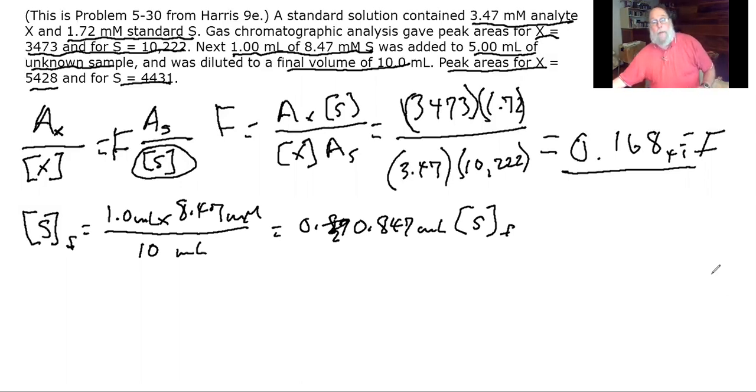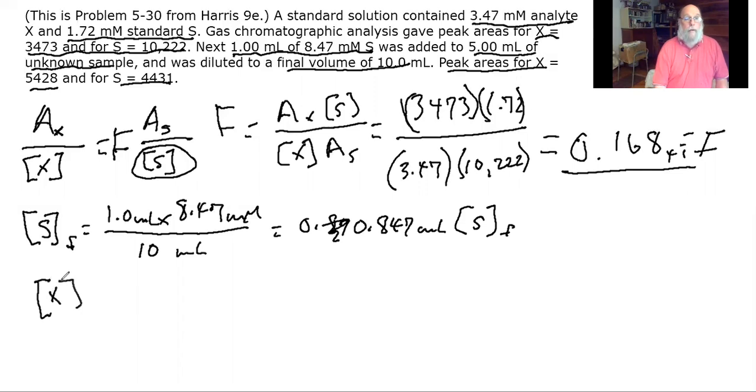Now let's rearrange our formula. Our final concentration of analyte is going to be equal to the area of the unknown analyte times concentration of standard, that's the final concentration, divided by F times the area of the standard.